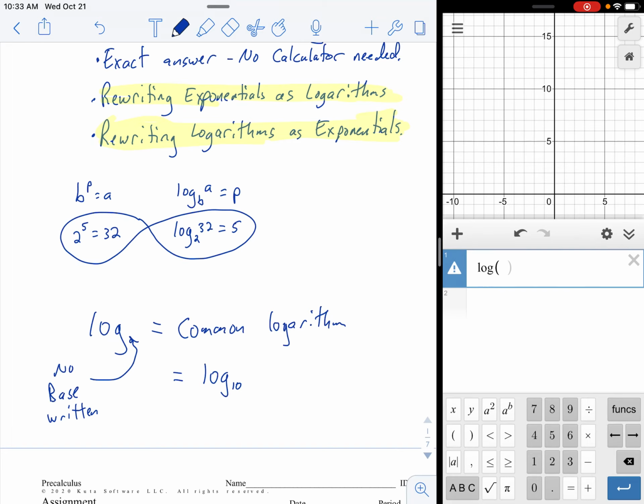Our numbering system is called the base 10 numbering system. We have 10 digits, 0 through 9. Normally a person has 10 digits, 5 fingers on each hand. That's how our number system evolved, to be 10 digits, or base 10. So it's the common log because it's the one that happens the most. It's the most common logarithm to do.